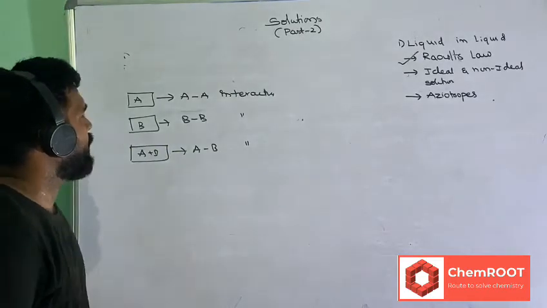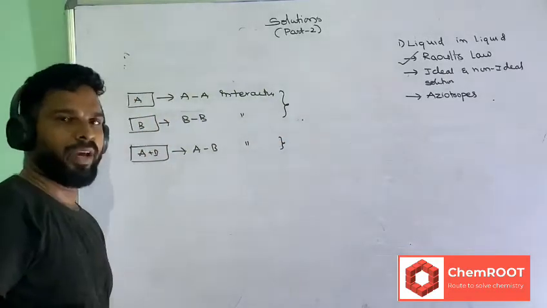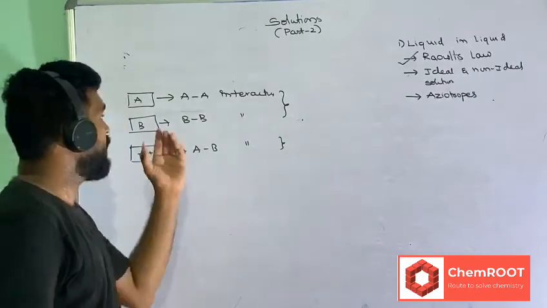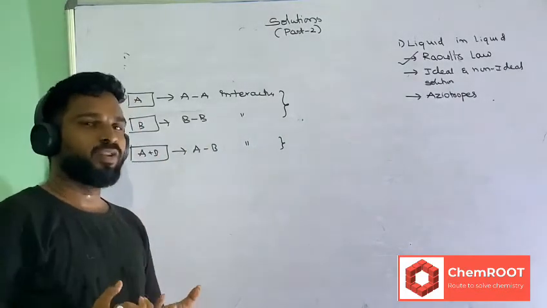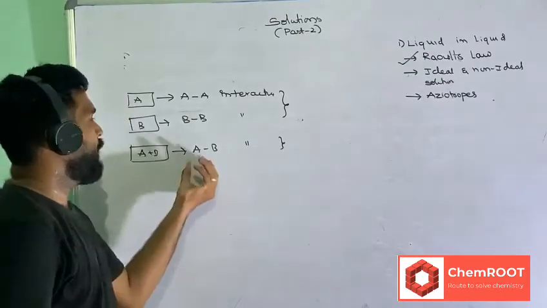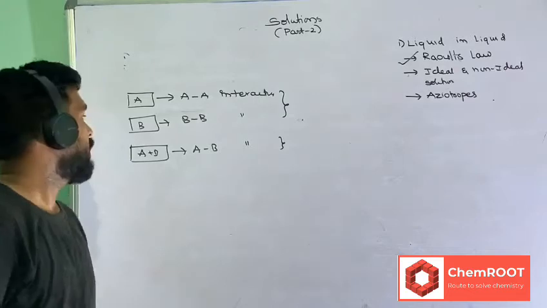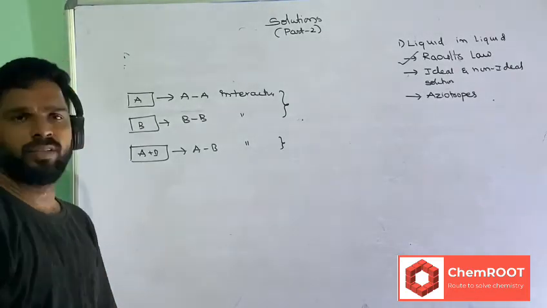So when you compare these interactions, these are initial interactions, these are final interactions. If the initial interactions, AA and BB, have almost equal strength with the AB interactions, then we call it an ideal solution, and that follows Raoult's law at maximum temperature and pressures.